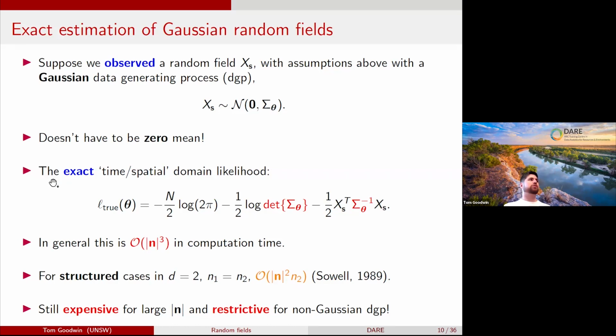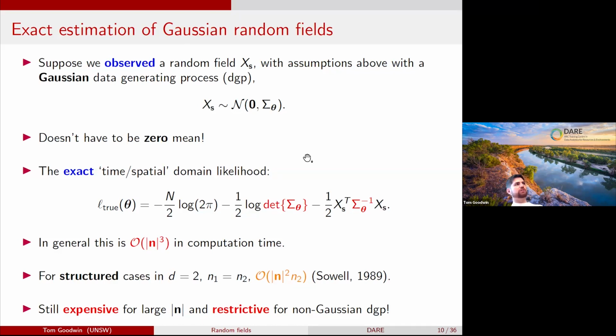Now the main problem with all this spatial stuff is that imagine you had, let's say, a 1,000 by 1,000 grid, so 1,000 times 1,000 data points. We want to compute the determinant, and we have to solve these large systems of equations, which is very expensive. In the general case, it scales as n cubed. For lattice data, which we have, it still scales as n squared times the length of one of the sides.